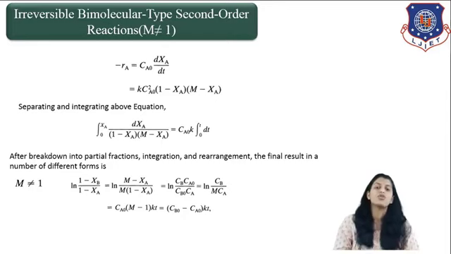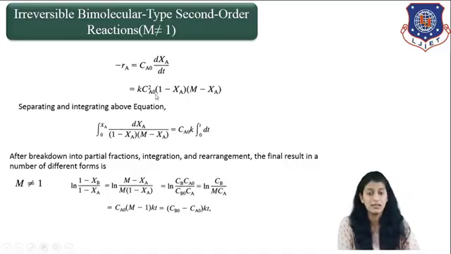Whatever number of moles of A and B you took at the start of the reaction will remain constant. So M is a constant entity here, and it can be written as K CA0 square (1 minus XA)(M minus XA). Now we just need to separate it out and integrate within the given limits.